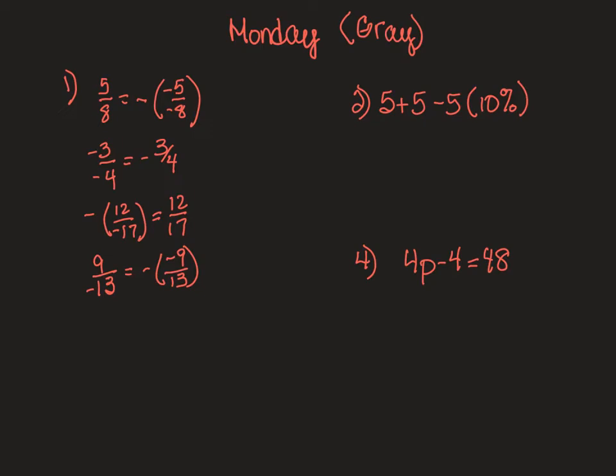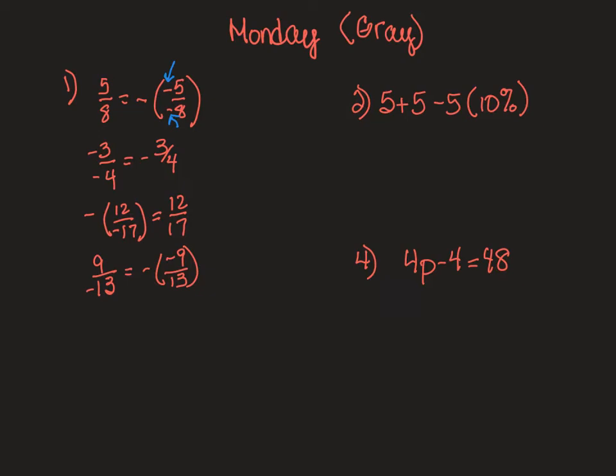Okay, so I'm looking now at problem number one. I have on the one side 5/8 equals negative 5 over negative 8. So inside those parentheses, I have two negative signs, right? They get along. That means that's positive.